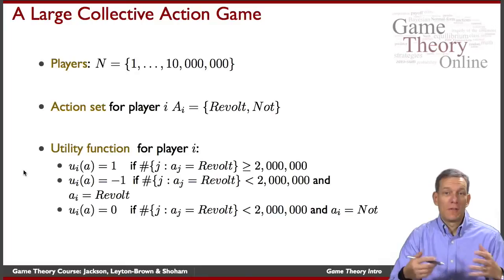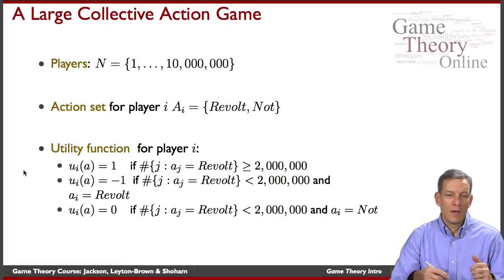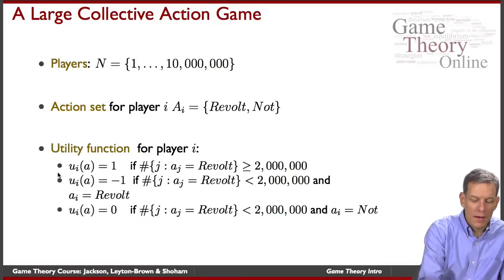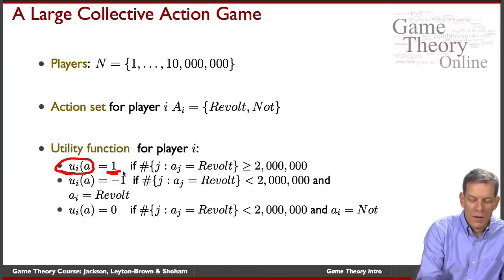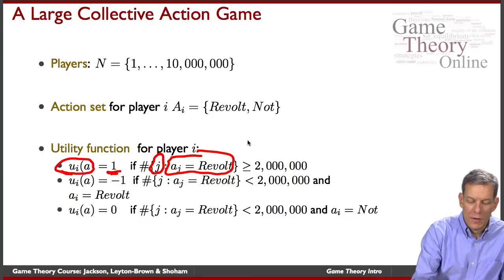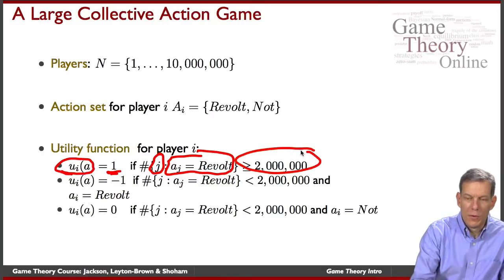So in this particular stylized example, what do we end up with then? We can represent a successful revolt as the player getting a payoff of 1. So u_i of the action profile a is equal to 1 if the number of players j such that they picked to revolt is at least 2 million.